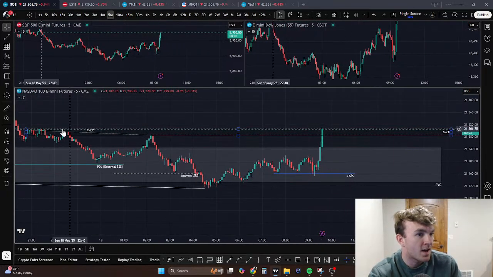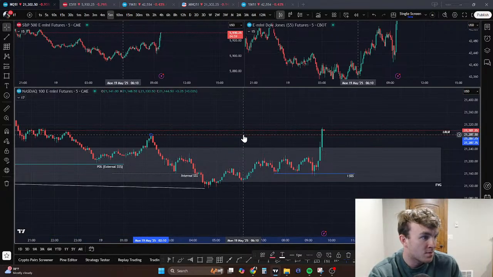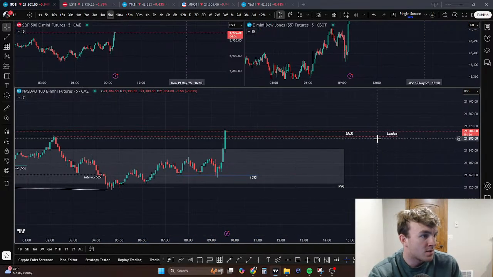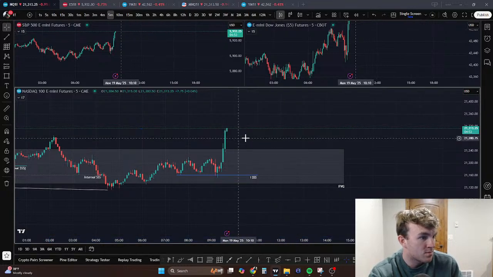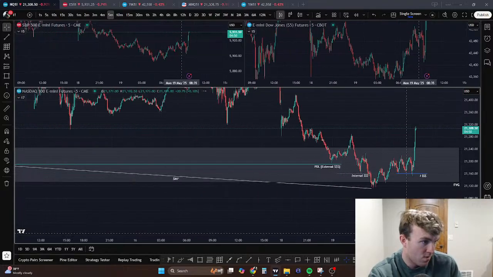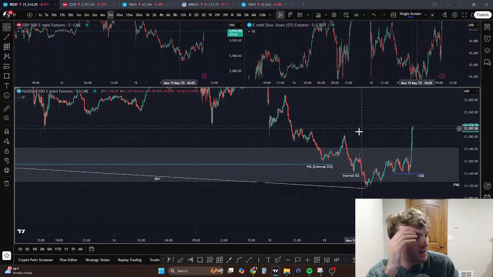So we did just run that trendline liquidity that I was talking about a while ago. So that has been taken. No point in having that marked out anymore. All right.